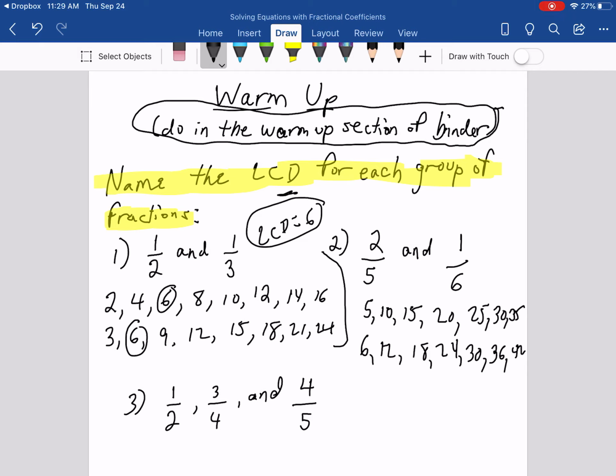Okay, keep going until you find one in common. I'm going to stop here and check if we have one in common. If we don't have one in common, we need to extend our list. Well, we don't have the 5, we don't have the 10, we don't have the 15, we don't have the 20, we don't have the 25, but we do have a 30. So your LCD here is equal to 30.